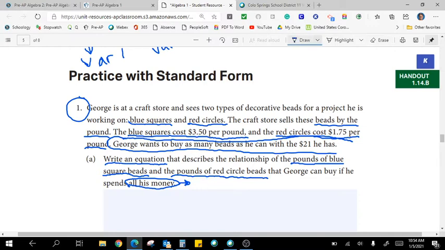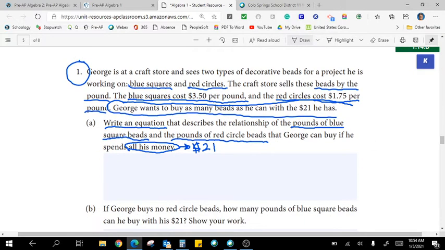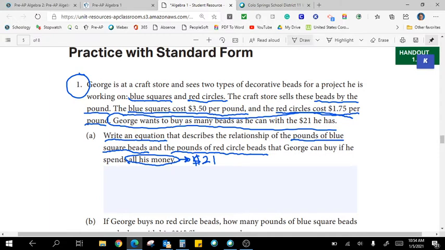So it has to deal with money, and we get charged per pound. First things first, it skips the part where we define the variables, so we've got to go ahead and define the variables.